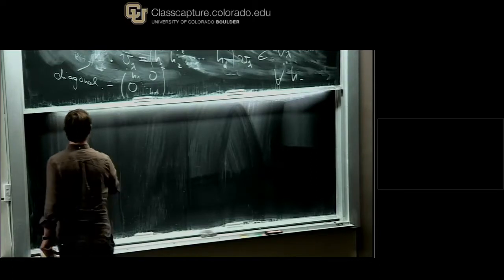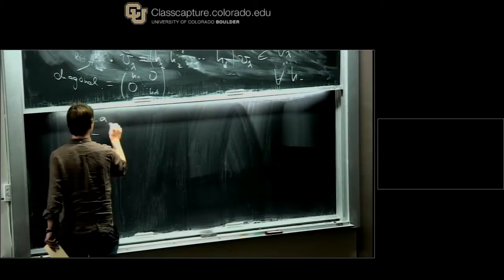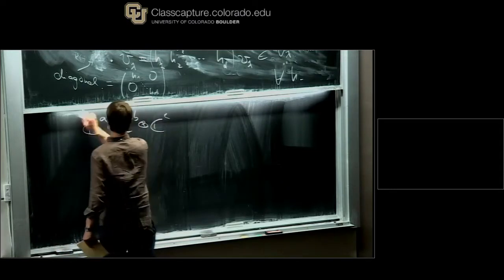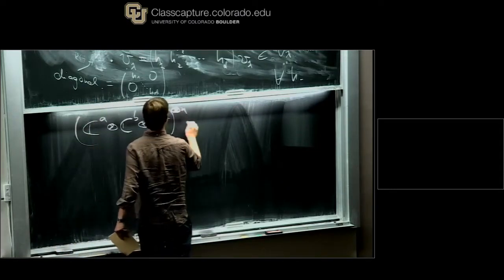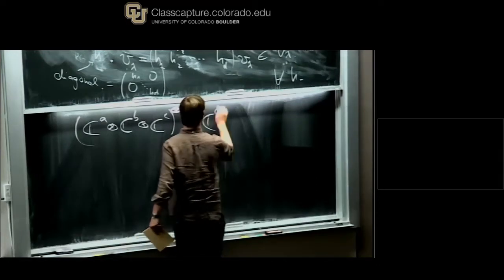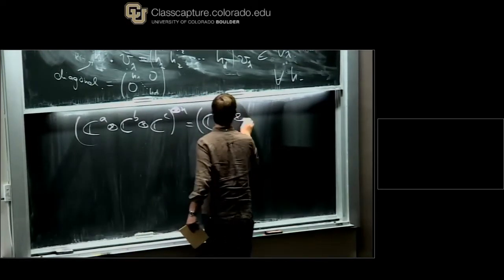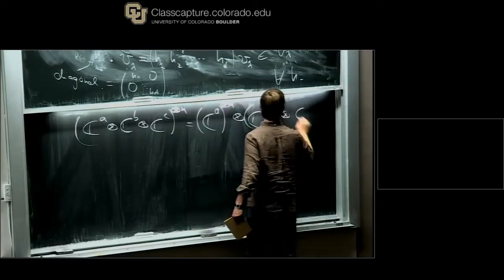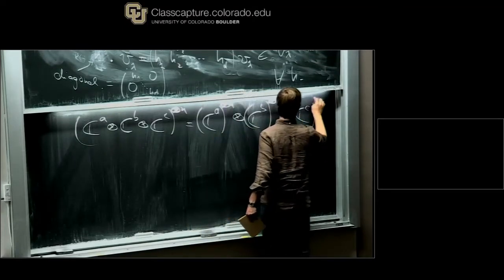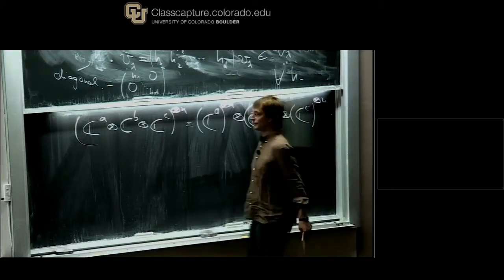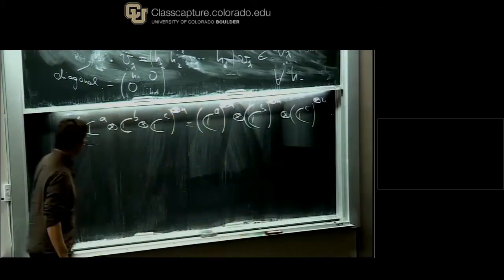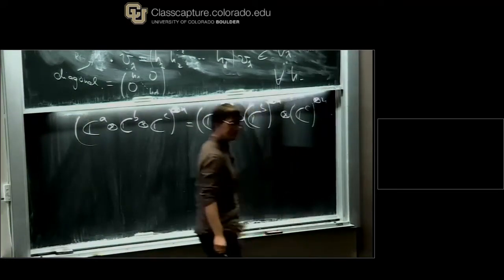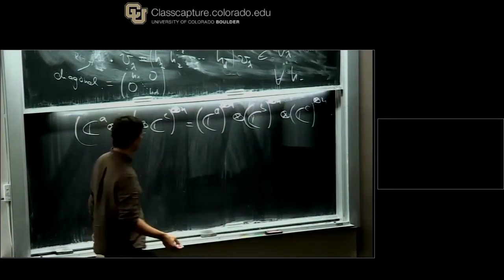So what you do is you realize the following simple thing. You realize that (C^A ⊗ C^B ⊗ C^C)^{⊗n} is the same as (C^A)^{⊗n} ⊗ (C^B)^{⊗n} ⊗ (C^C)^{⊗n}. So you can do a Schur-Weyl duality on all of those factors, with GL_A, GL_B, GL_C.